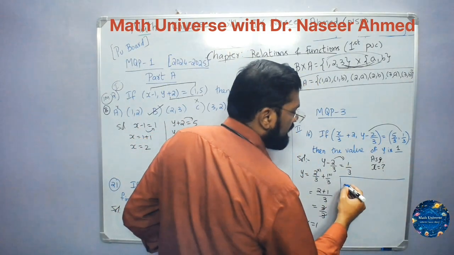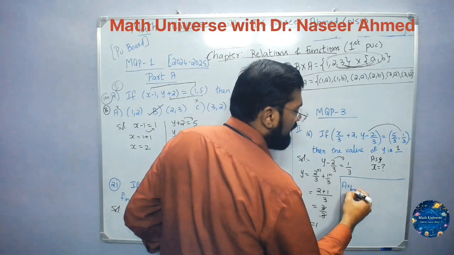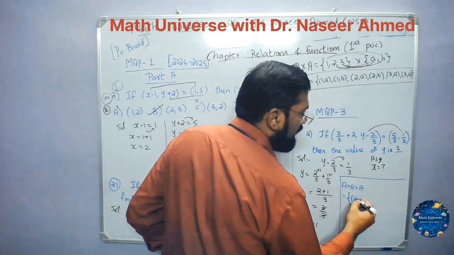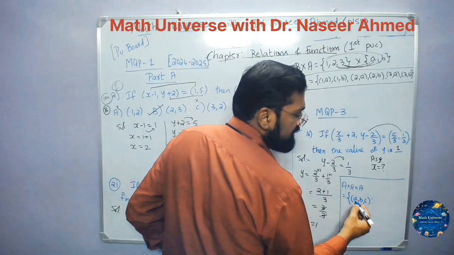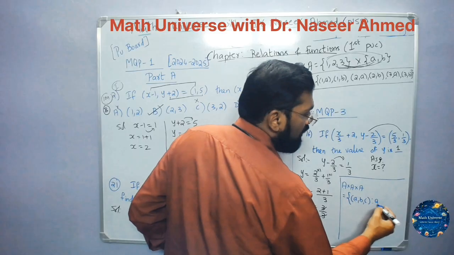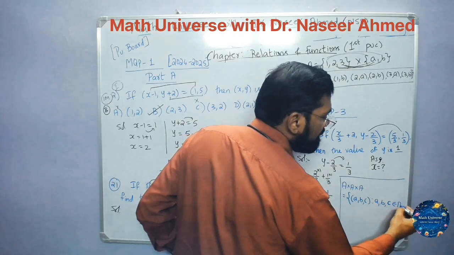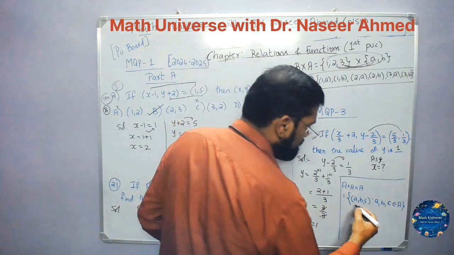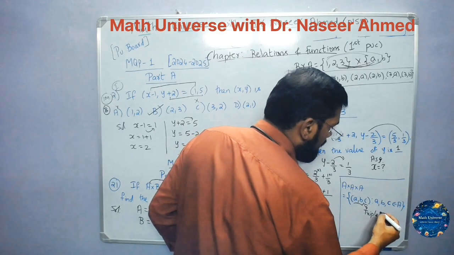Let us suppose that I have got A cross A cross A. This is defined as (a, b, c), such that the first element is from the first set, which is A, then b also from A, c also from A. A, b, c are coming from the same set A itself. And this we call an ordered triplet.